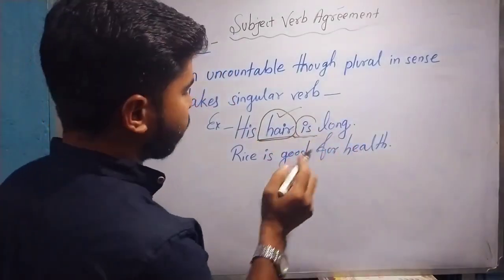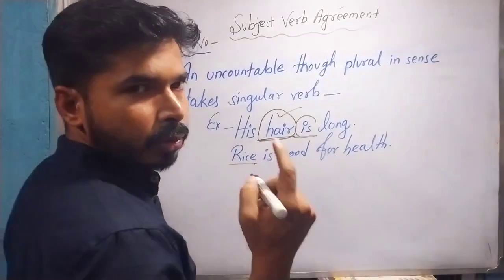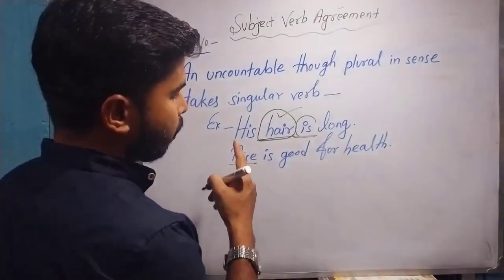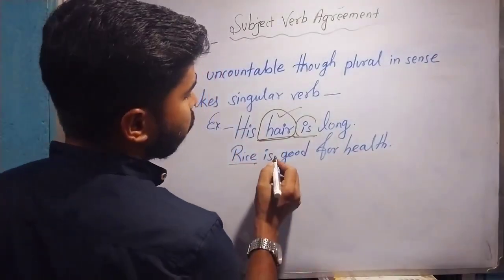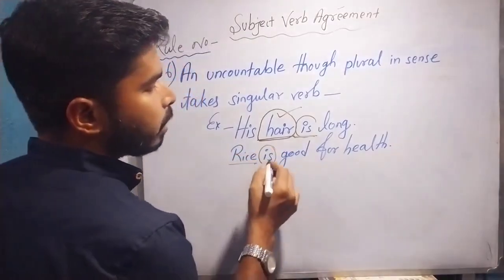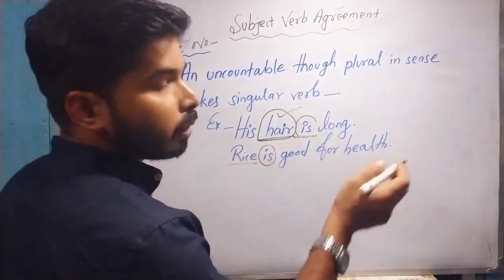In the same way, in the next example, rice refers to the plural sense, but basically it's singular, and that's why we have used is with it. We can't write rice are good for health. Always we have to write rice is good for health.